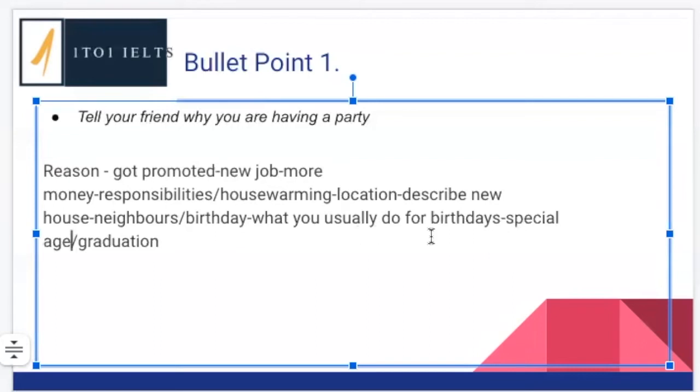So these are the same things. And graduation, we could talk about the course, future plans, grade. So I think all of these are fairly easy. I would say the birthday is maybe a slightly more difficult one to develop.